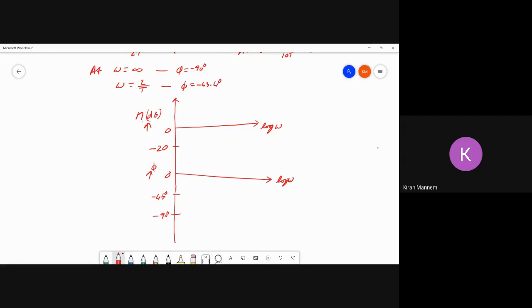So let me put here the first magnitude plot at omega equal to 1 by t. Let me denote it as omega c. Assume this is your corner frequency. Omega c is equal to 1 by t.